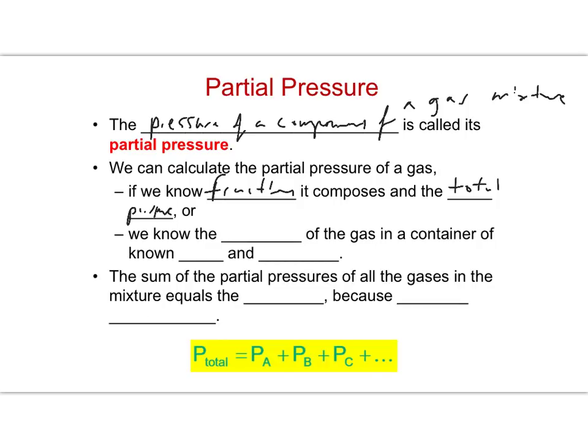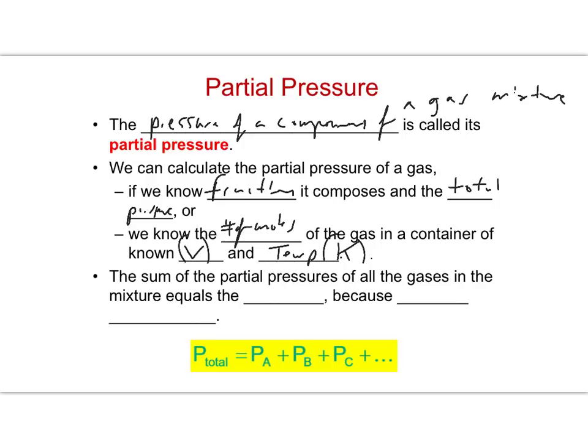The other way is if you know the number of moles of gas, then you can know what the pressure is going to be if you know the volume V of your container and the temperature in Kelvin, of course. Just like the ideal gas law, if you know three of the four easily measurable quantities of a gas, you can calculate the unknown one.